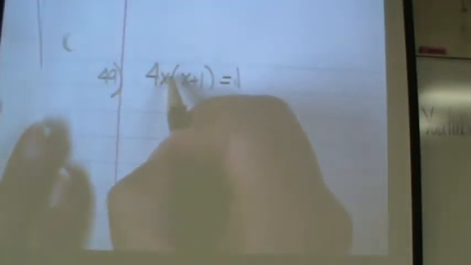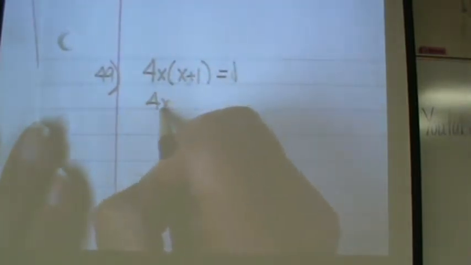In this set, they're asking you to use any method you want. So for 49, we've got 4x times the quantity x plus 1 equals 1. It looks like we have to distribute this 4x.